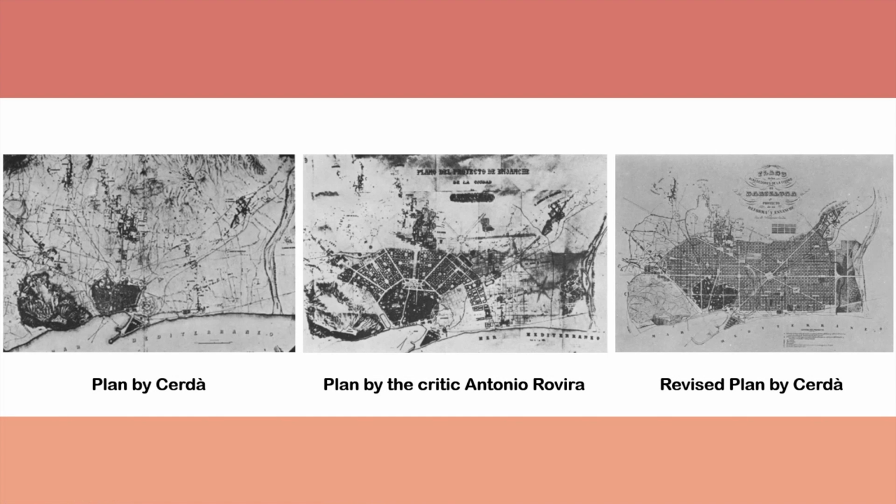So this is the plan he came up with in the middle. The original engineer implemented a bit of this idea into his plan, and that finally becomes the revised plan of the Sutter plan. So this is Barcelona's grid plan as we all know today.